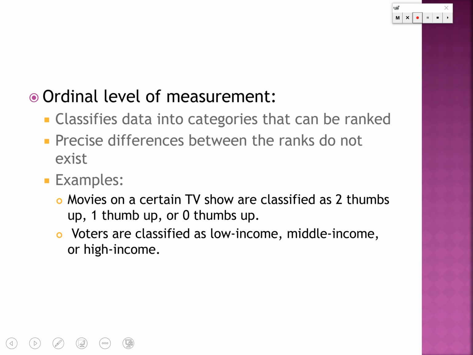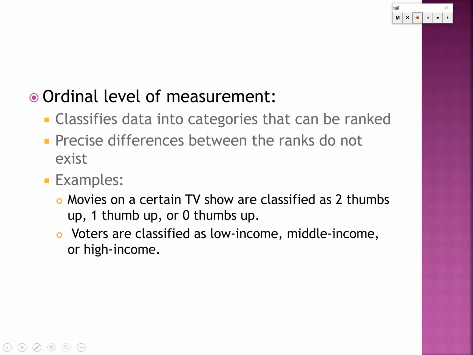So some examples: movies on a certain TV show are classified as 2 thumbs up, 1 thumb up, or 0 thumbs up. So there is a specific order there, there is a ranking, but there's not a measurable difference between those ranks. Voters are classified as low income, middle income, or high income.